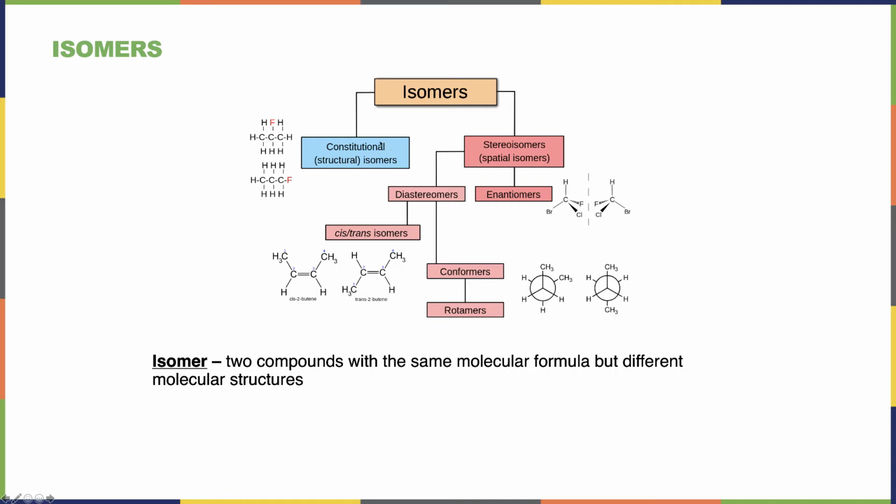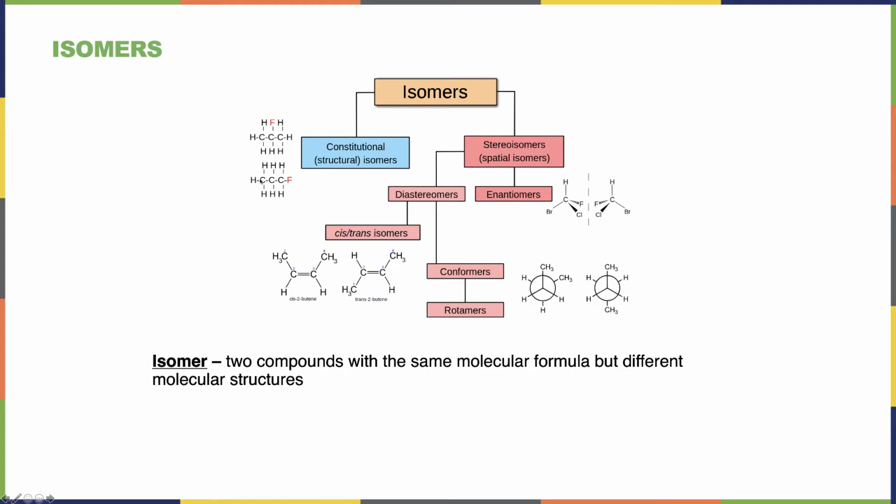So constitutional isomers are situations where the atoms are not in the same place. Here you have two compounds which have exactly the same molecular formula, C3H7F. But you notice this one has the F on the end carbon. This one has the F on the middle carbon.